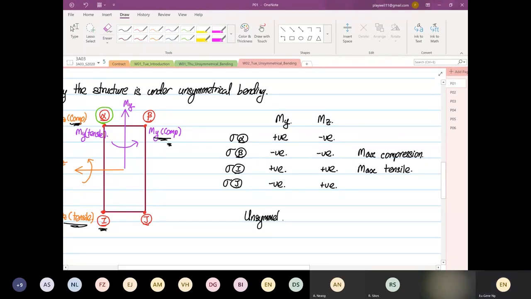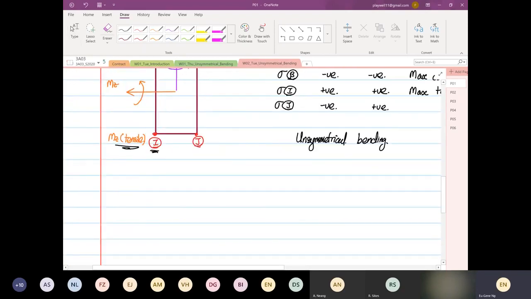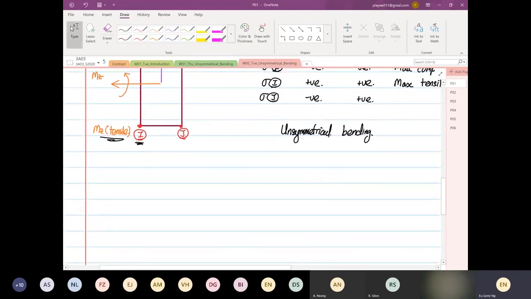Okay, based on unsymmetrical bending, right? So this is based on stress field. Now, some of you, or I have some students asking me, Eugene, those bloody arrows look confusing, right? So if you want to make those arrows easy for you, this is one of the things that I teach.